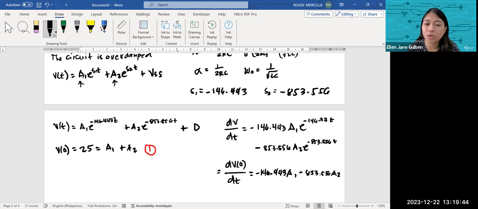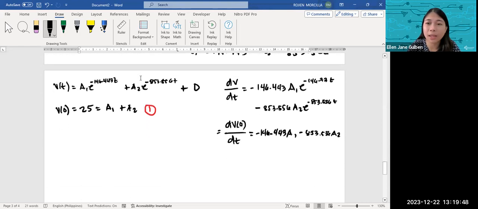But how much is this one? We have not yet gotten the answer for this. This is part of the initial conditions that we need to be solving.